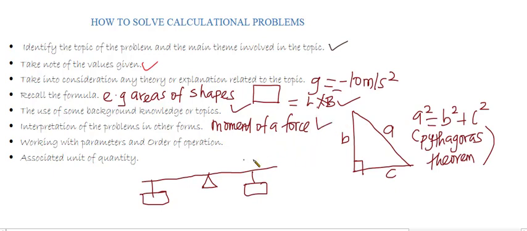Now working with parameters and order of operation, here we'll just be talking about BODMAS, where B represents brackets, O represents of, then division, multiplication, addition and subtraction, whereby all the letters in BODMAS have the same meaning except for the letter I in BIDMAS, which represents indices.